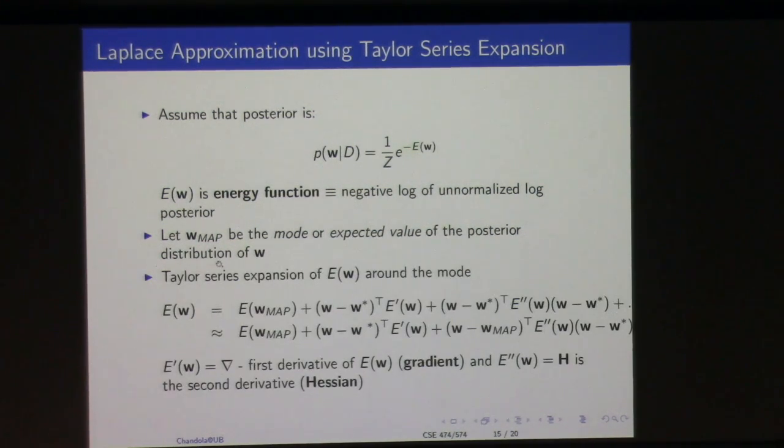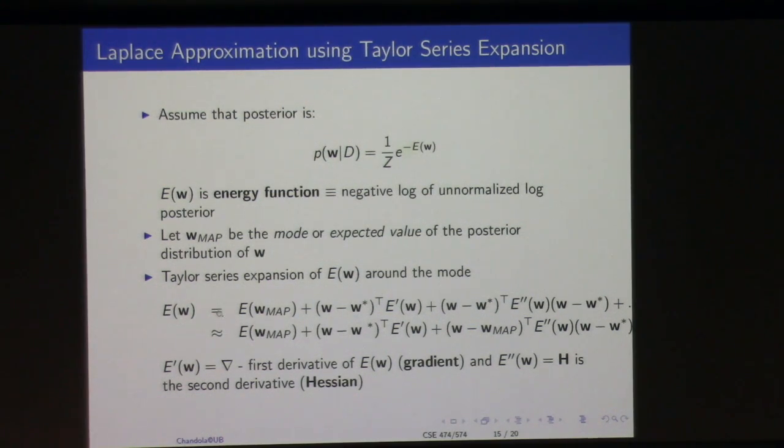So what we do is a Taylor series expansion, which is just an expansion of a function around the maximum value. If you remember your calculus classes from I don't know how many years ago, for me it's going to be 20 years at least.